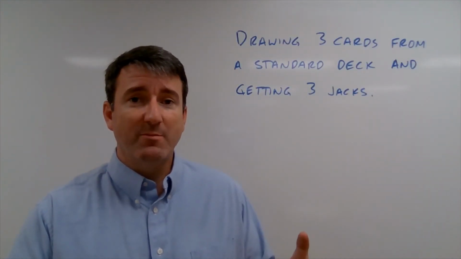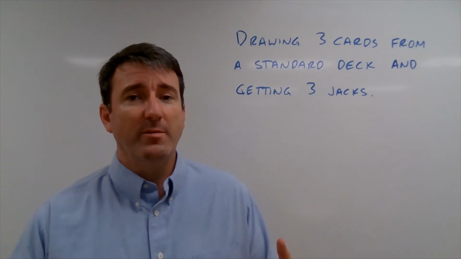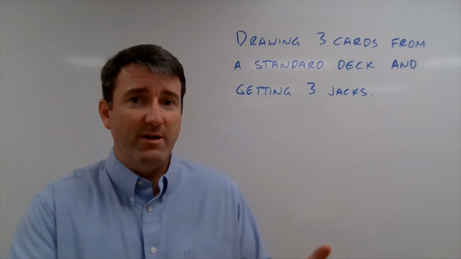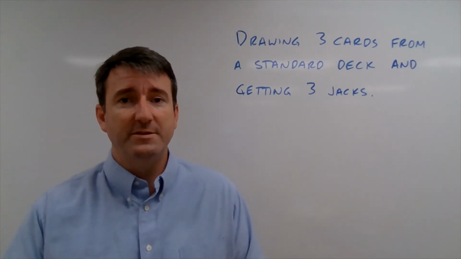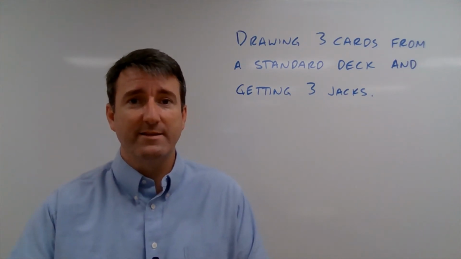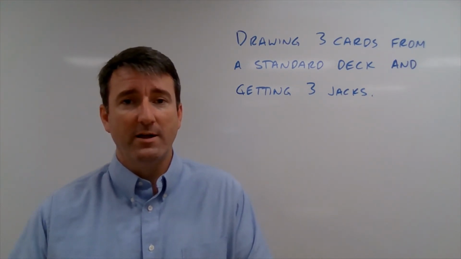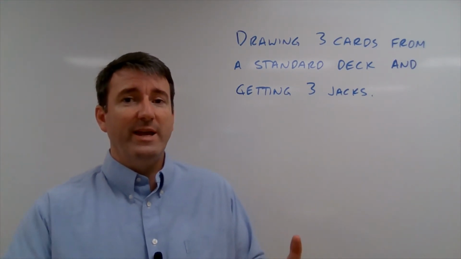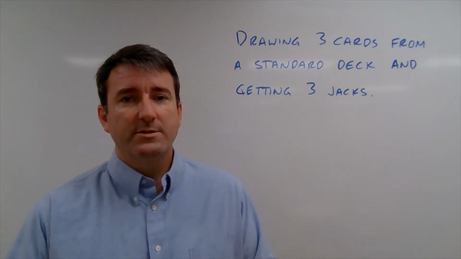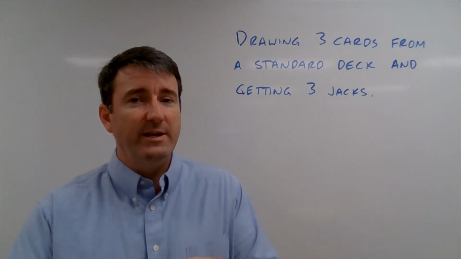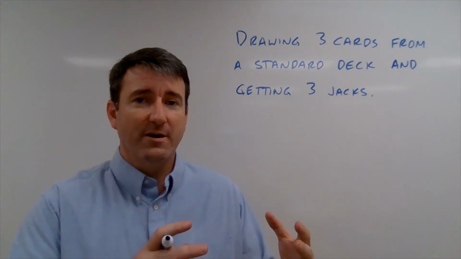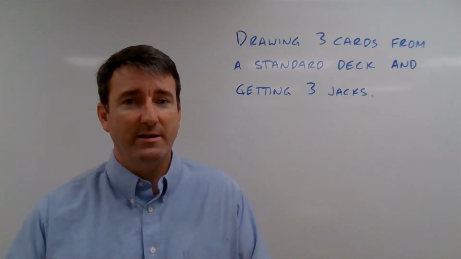For our second example, we're asked to find the probability of drawing 3 cards from a standard 52 card deck without replacing the cards after each draw and getting 3 jacks. So the first thing we need to do again is to determine whether these are independent or dependent events.